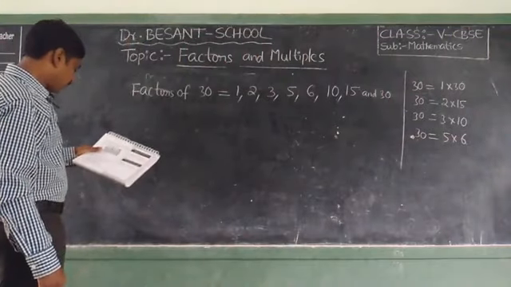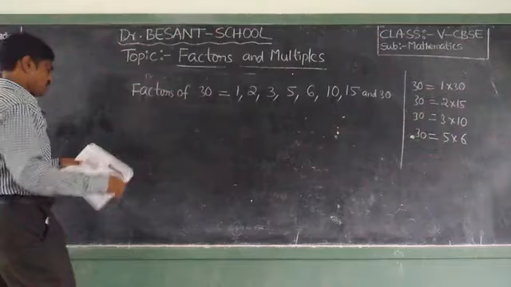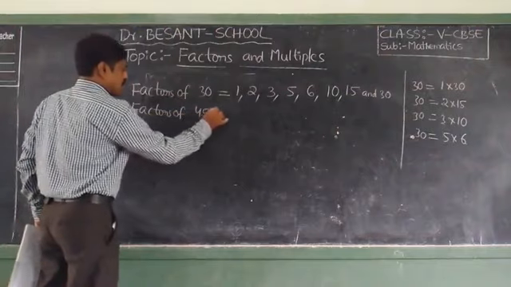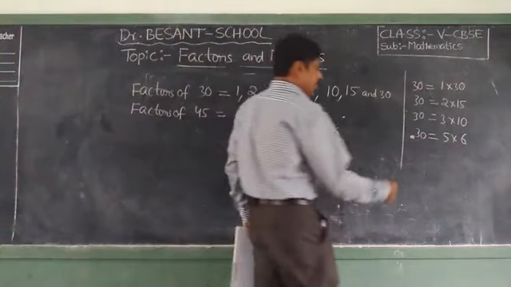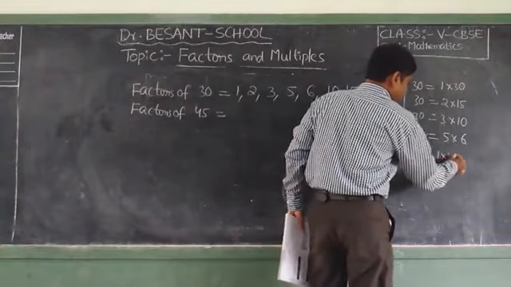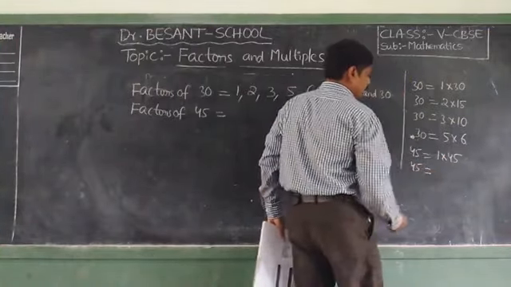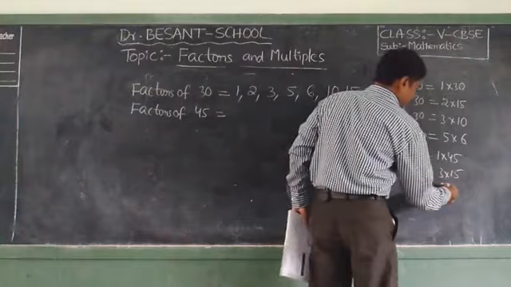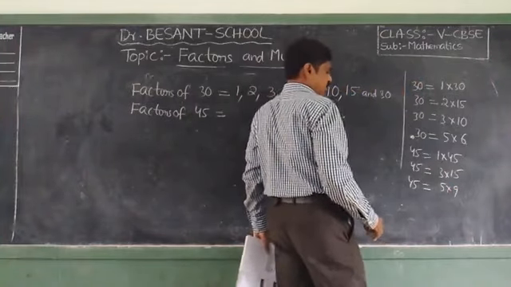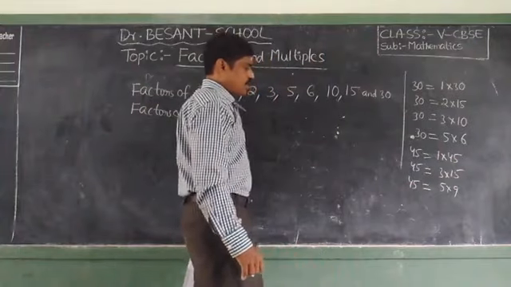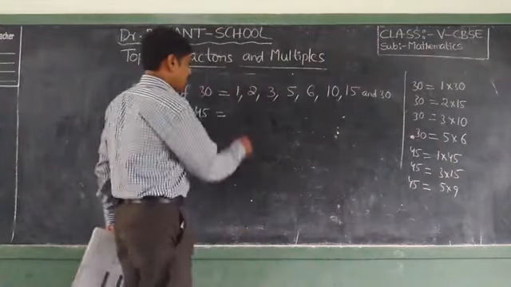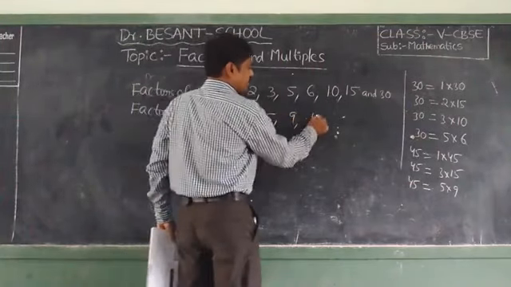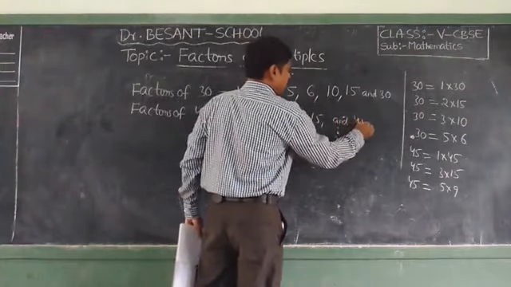Next, factors of 45. See, 1 45s are 45, 3 15s are 45, 5 9s are 45. So 1, 3, 5, 9, 15 and 45.